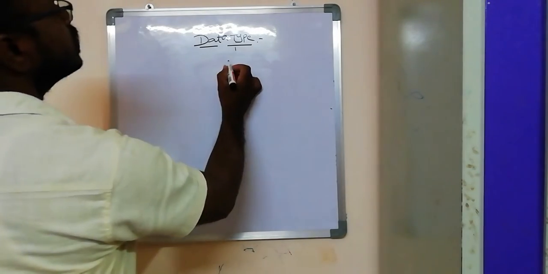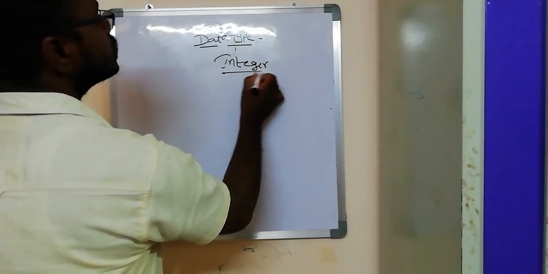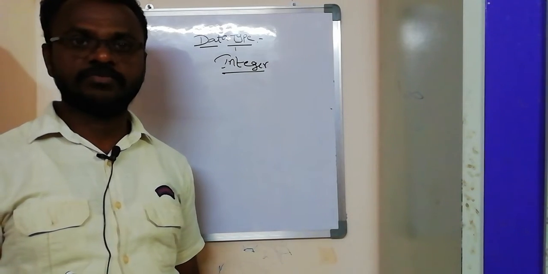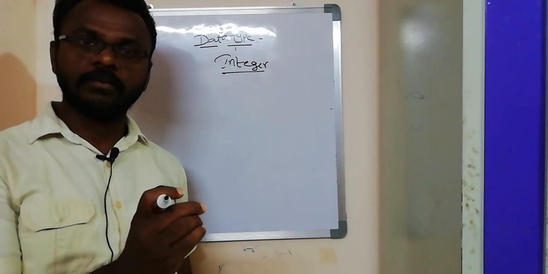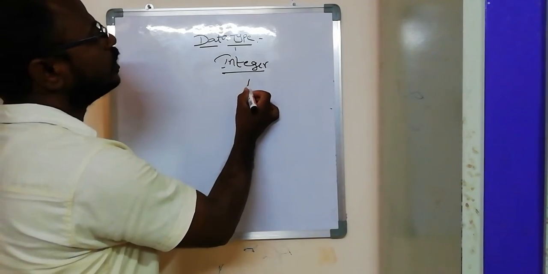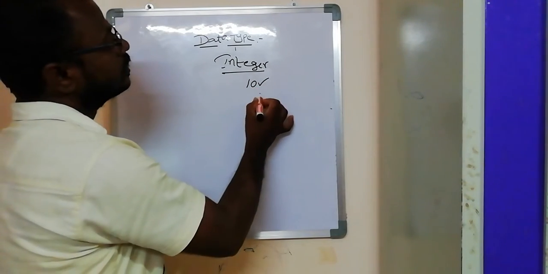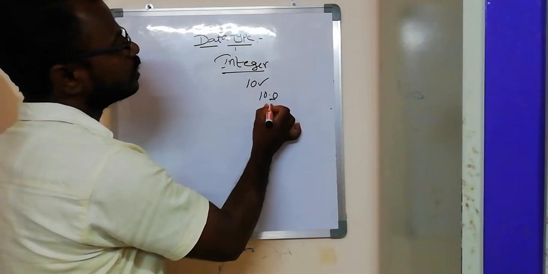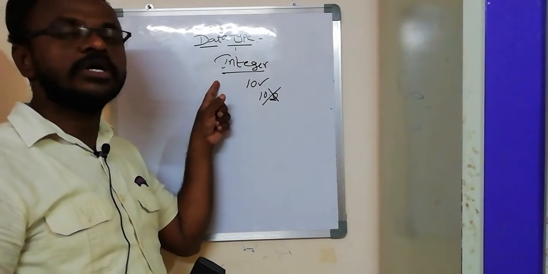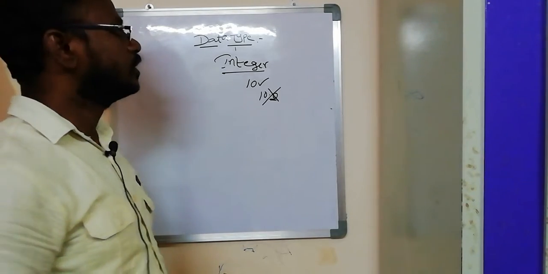The first one is the integer data type. This data type can accept only numerical numbers without decimal points. This formation is right. It cannot accept any decimal position; this formation is wrong. This data type can accept only numerical numbers without decimal position.